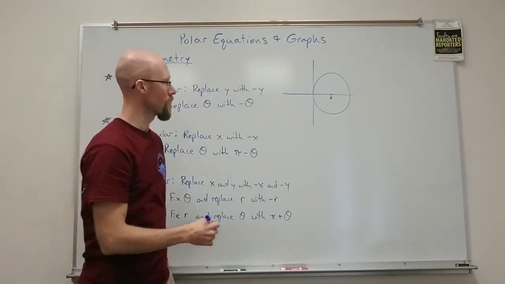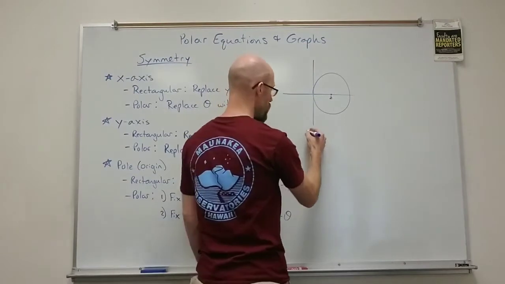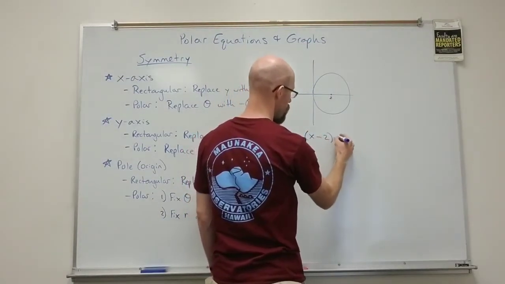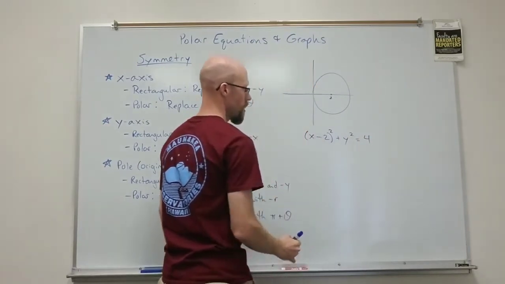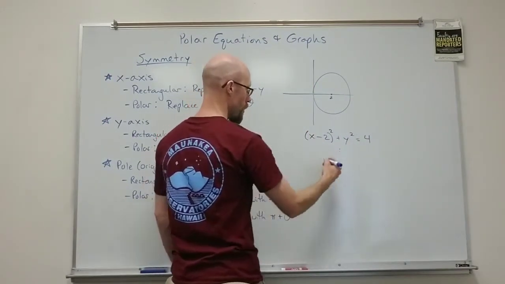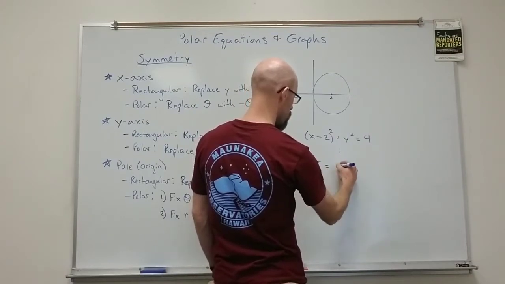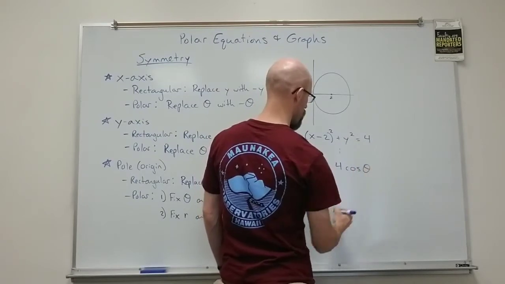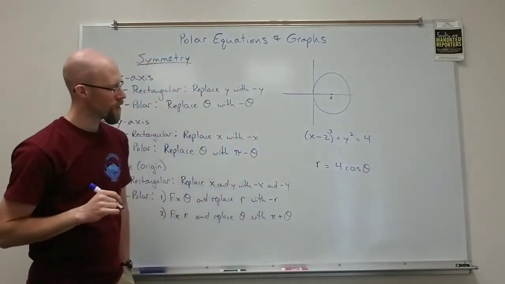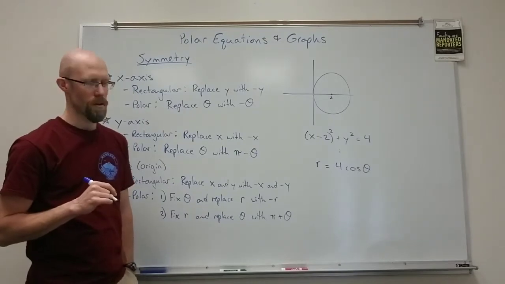And the resulting rectangular equation was x minus 2 squared plus y squared equals 4. And the resulting polar equation was r equals 4 cos theta. I believe that was it. Yeah, 4 cos theta.